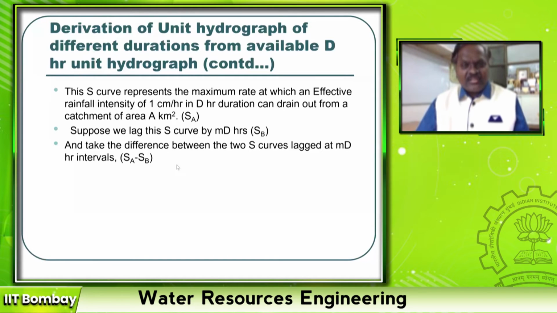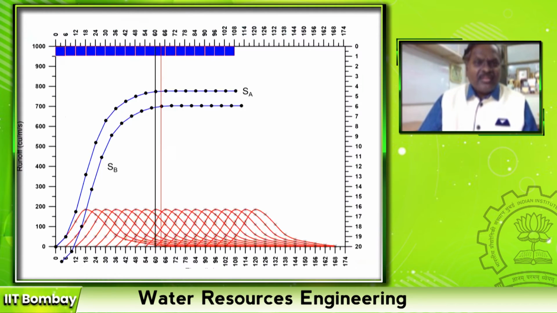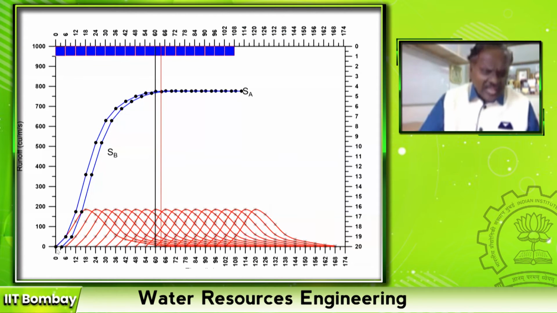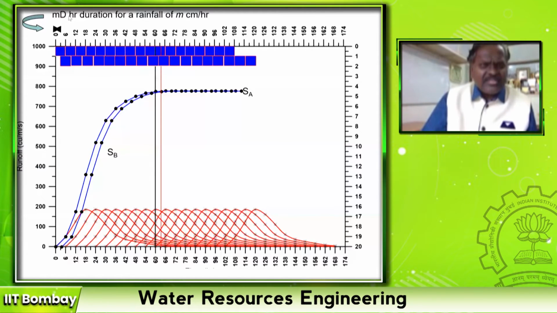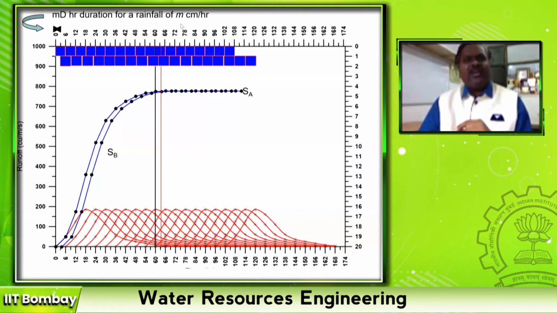Suppose we lag this S curve by MD hours and take the difference between these two. Now I am lagging it, that means from 6 hours, I lagged it by 3 hours. Now you take the vertical difference at every 3 hours between SA and SB, and then take the difference in the runoff.